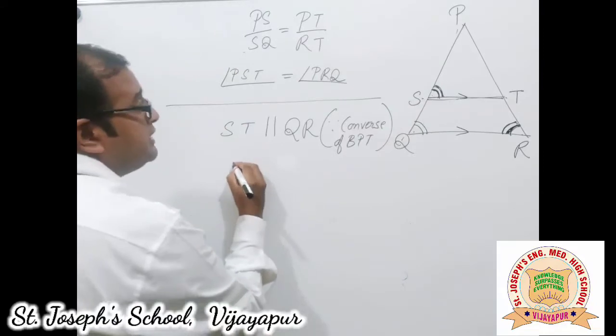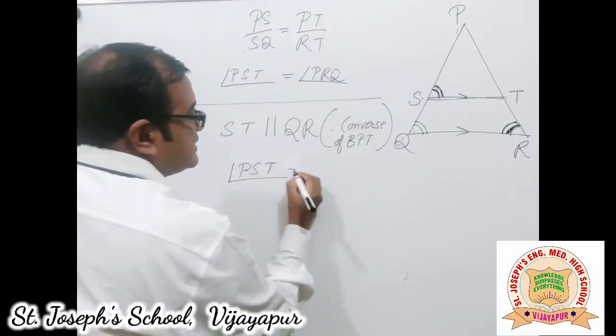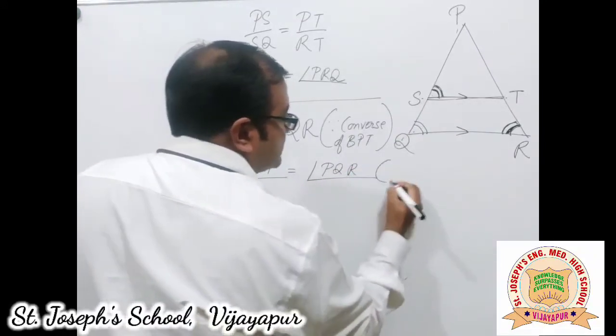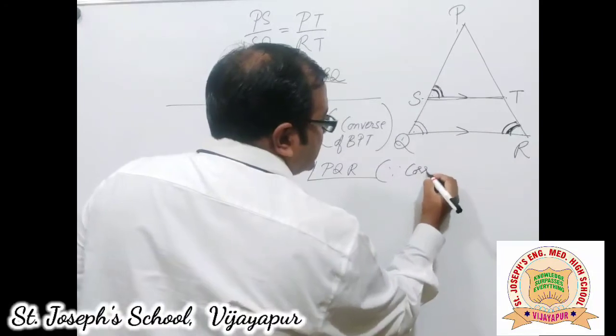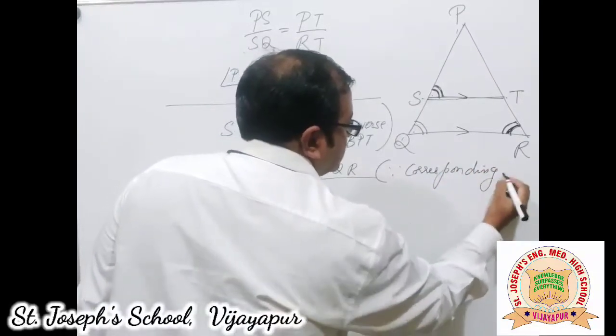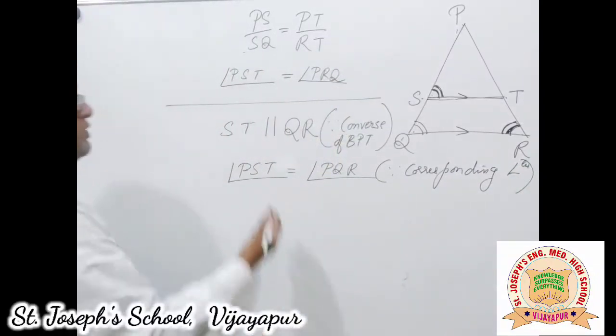So I can write angle PST is equal to angle PQR. Reason? They are corresponding angles. Once you say the lines are parallel, then you can go for corresponding angles. So you got the corresponding angles.